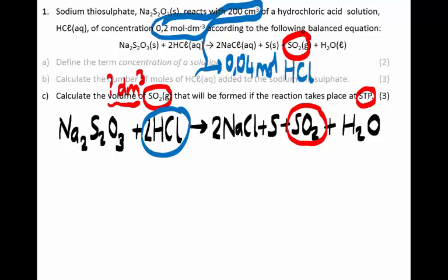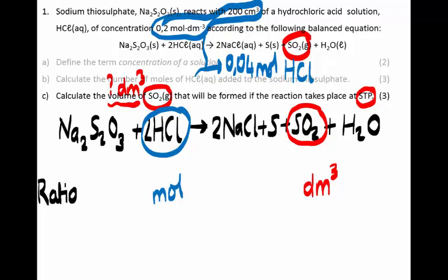So now we need the ratio in which those two chemicals always react. And it needs to be a mole decimeter cubed ratio. Why? Because we're given information about hydrochloric acid in moles, and we're required decimeter cubed sulfur dioxide. Now remember, this is the ratio. This is not yet the question, it's just the ratio.